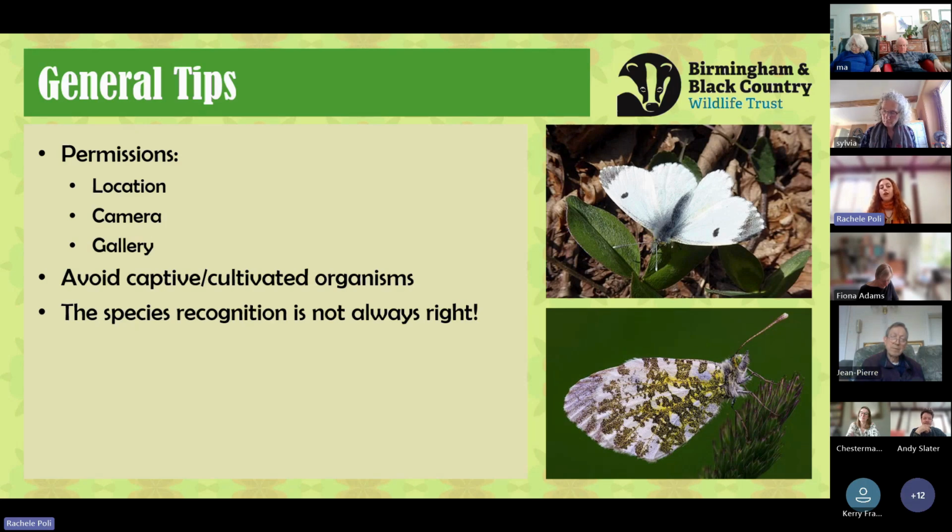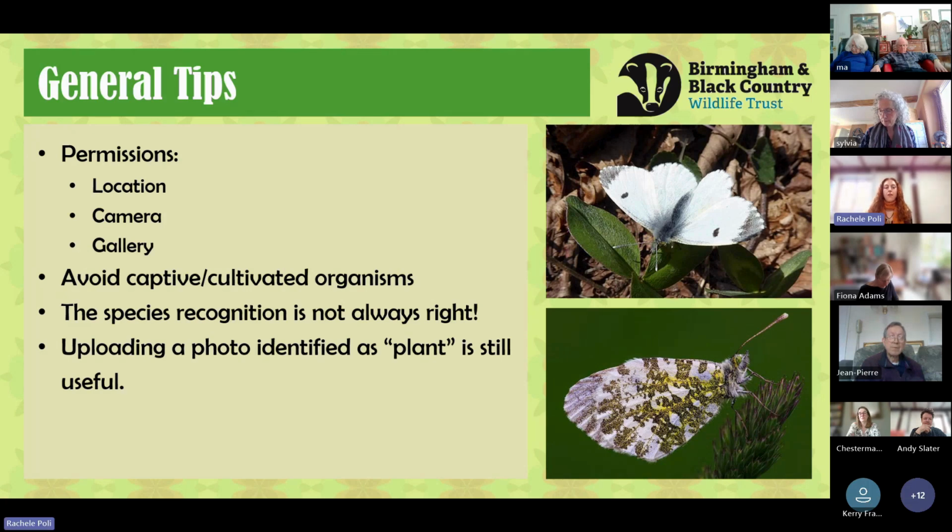But if you leave the ID blank, it's going to be really hard for other people to find your observation. So yeah, uploading a photo identified as plant is still useful.